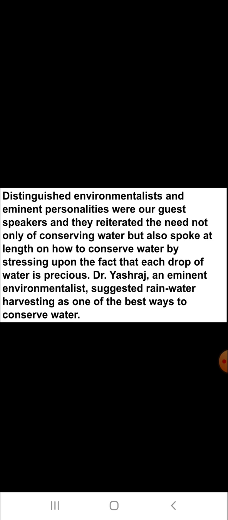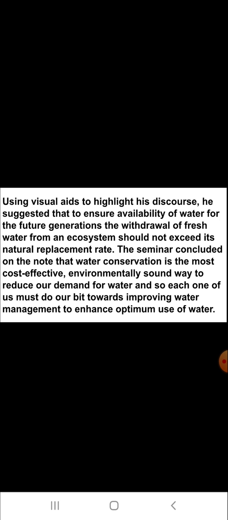Dr. Yash Raj, an eminent environmentalist, suggested rainwater harvesting as one of the best ways to conserve water. Using visual aids to highlight his discourse, he suggested that to ensure availability of water for future generations, the withdrawal of fresh water from an ecosystem should not exceed its natural replacement rate.